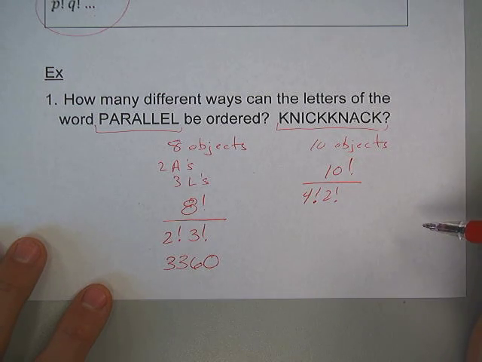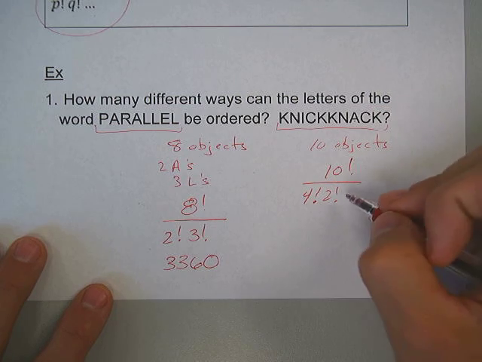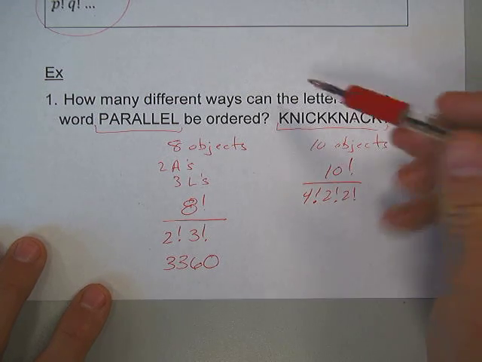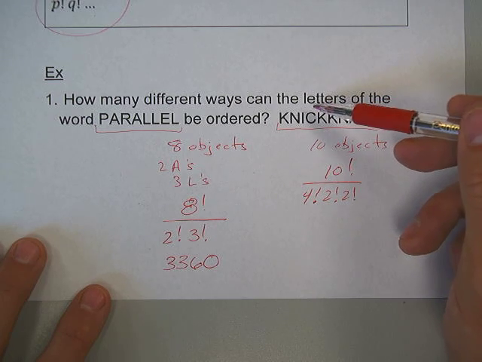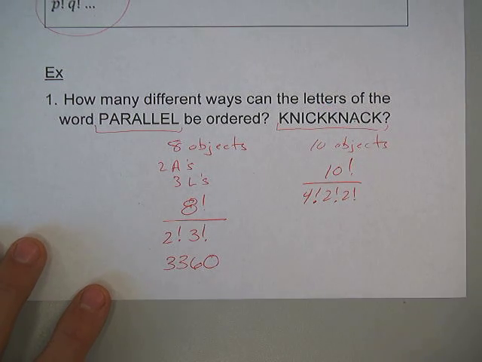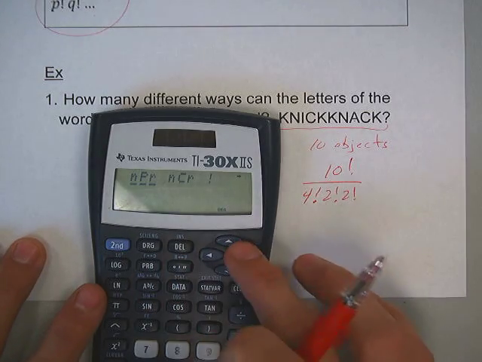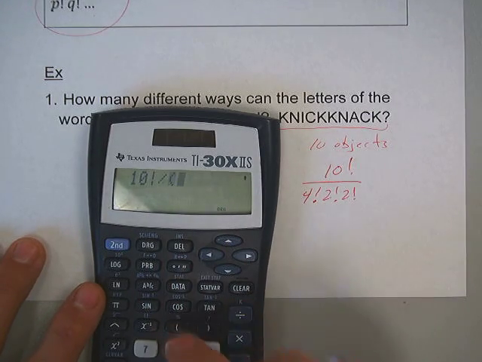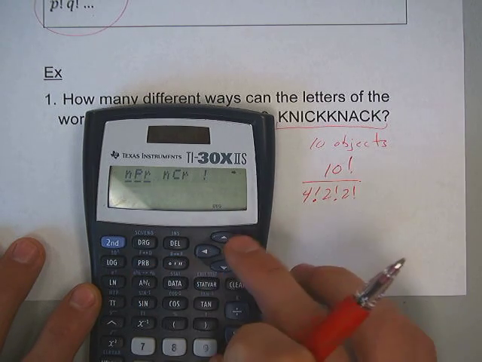We have K's that are repeating. 1, 2, 3, 4 K's. 4 factorial. I have N's that are repeating. 1, 2. 2 factorial. I have C's that are repeating. 1, 2. Anything else repeating? We got the K's, the N's, the C's. I is not repeating. A is not repeating.